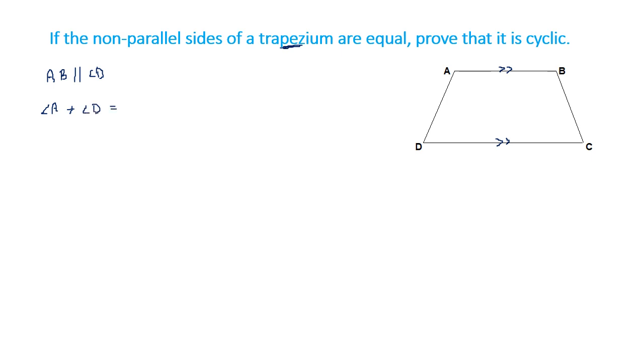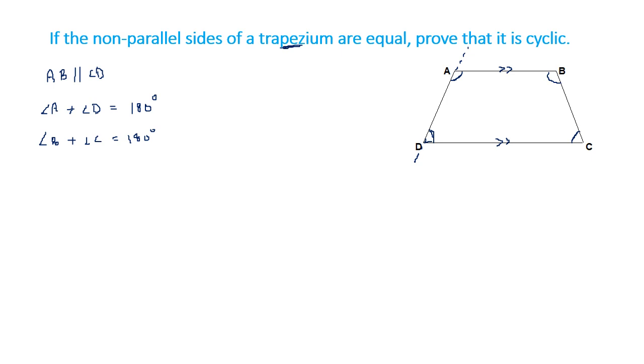If you look, this is a transversal and these are the parallel sides, then we know that interior angles on the same side of the transversal should be 180. So angle A plus angle D should be 180 degree, and similarly angle B plus angle C should be 180 degree. Because these lines are parallel, the co-interior angles, the sum of these angles will be 180.